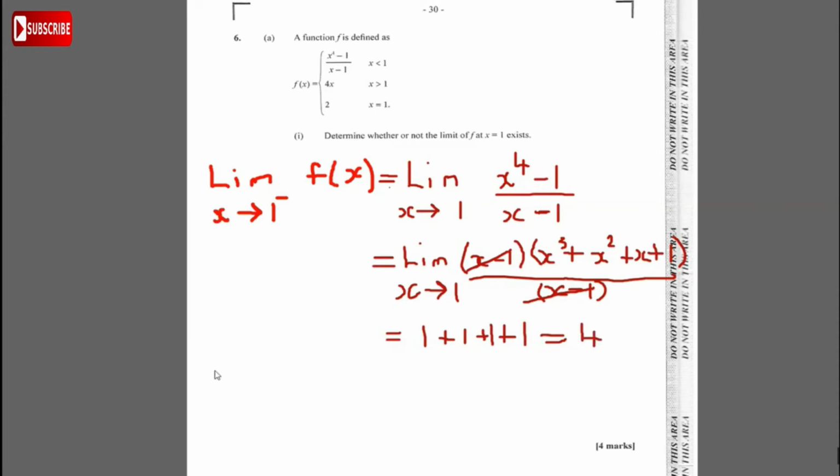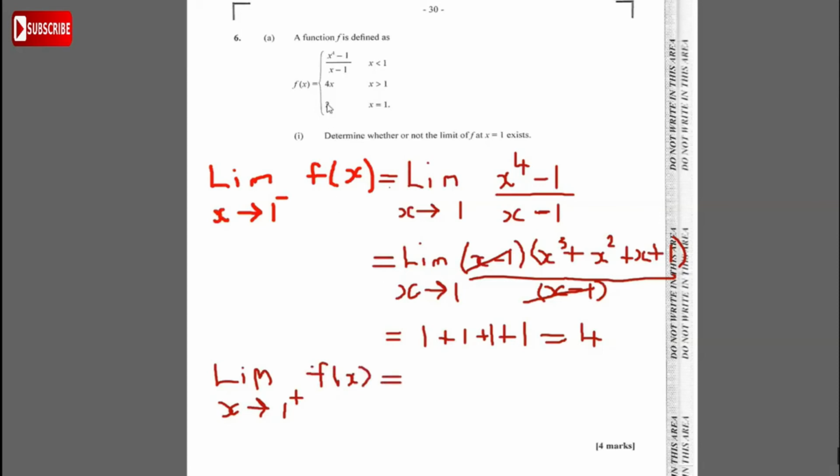So now let's check the limit on the right-hand side. So we need to evaluate the limit as x approaches 1 from the right.